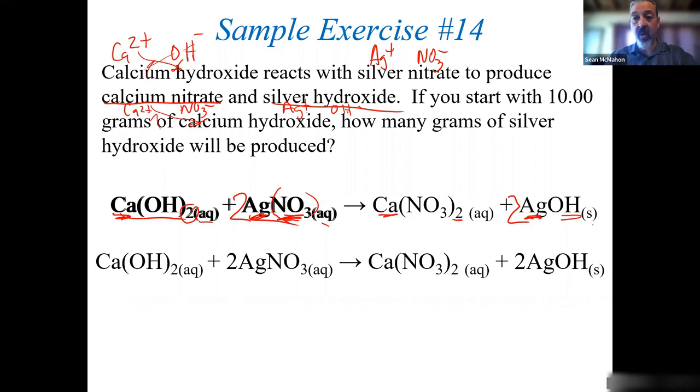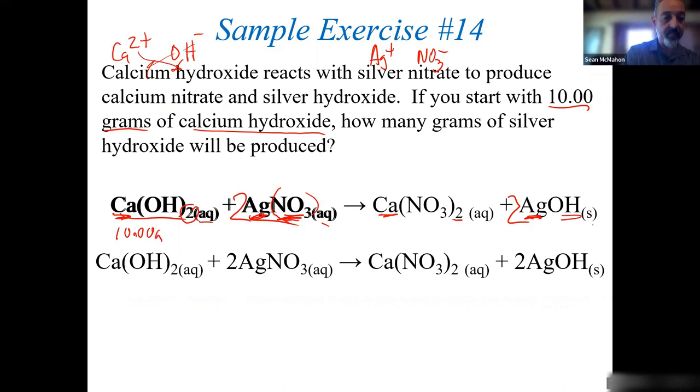Why do I need a balanced equation? Because I have to have the correct mole ratios. Now what am I going to do? I'm going to go from grams of calcium hydroxide. So I have 10 grams of calcium hydroxide. I need to go to moles.